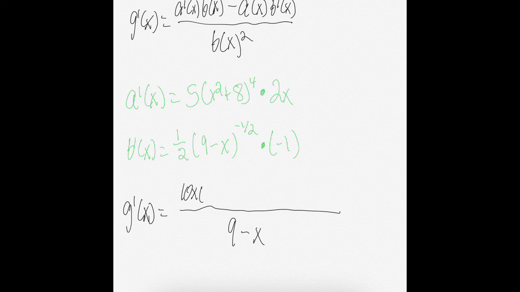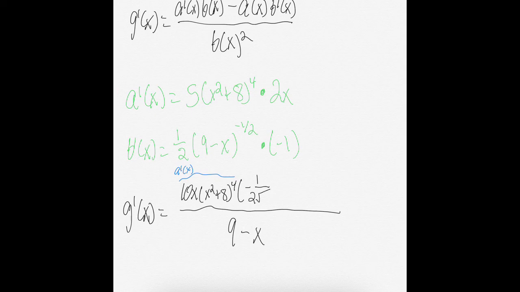Okay, now let's tackle this first part. A prime, so a prime is, let's combine the 5 and 2, so I get 10x times x squared plus 8 to the 4th. So this, let me use blue, this right here is a prime. And then multiply that by b of x.